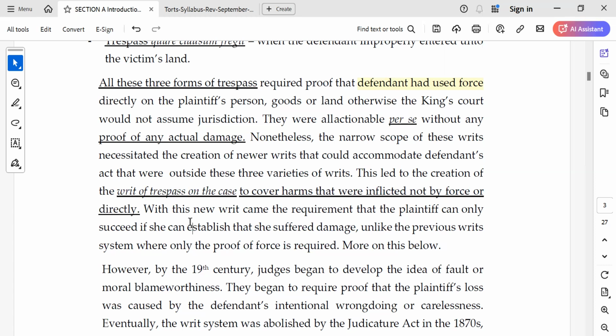Earlier three writs, they had to only prove the force applied directly by the defendant. But in the later writ of trespass on the case, they had to prove actual damage. Okay, that they have suffered the damage and they had to show the damage, unlike in the old system.